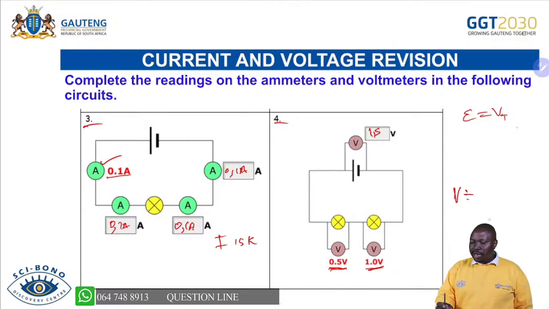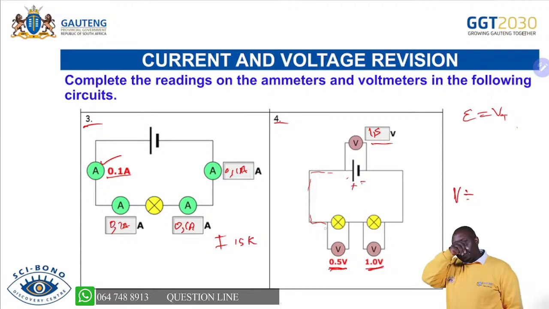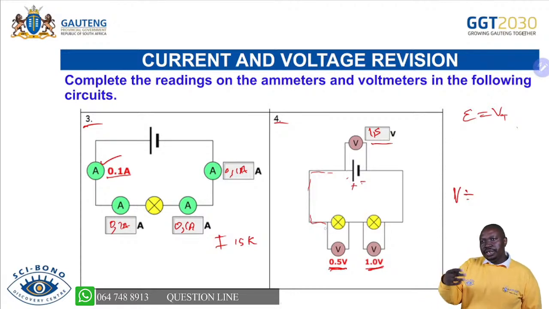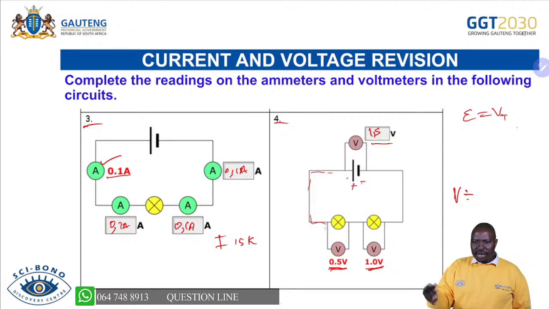And then it's like you are leaving home with 1.5. And as you go through your journey, because we're saying our journey always is from positive to negative, as you move through your journey, you come across resistors, then you are able to pay from that 1.5, depending on the resistance that I'm going to receive. Because of this resistance, it will be lower than the resistance in this one.